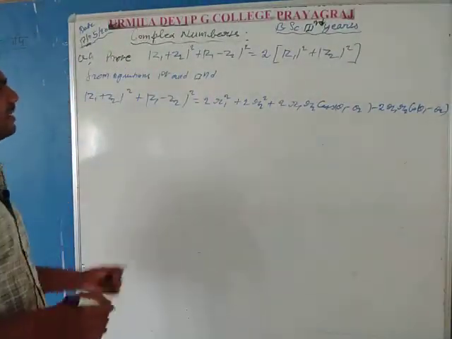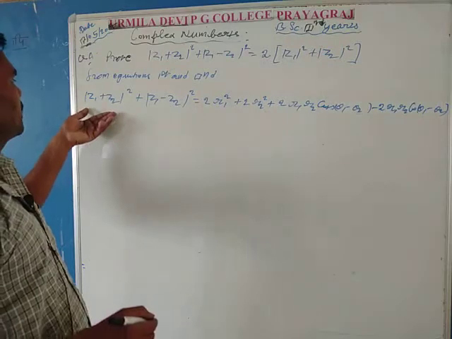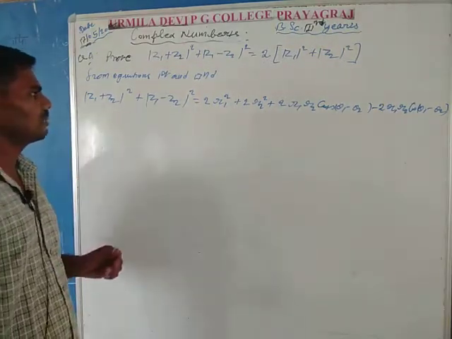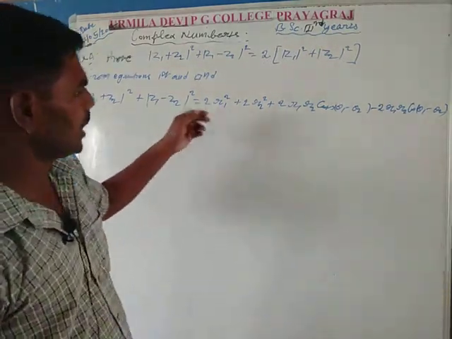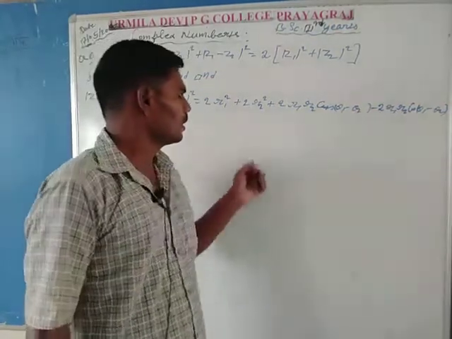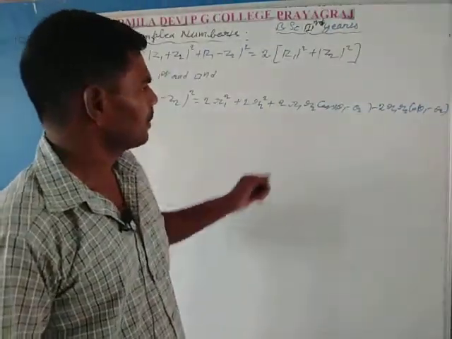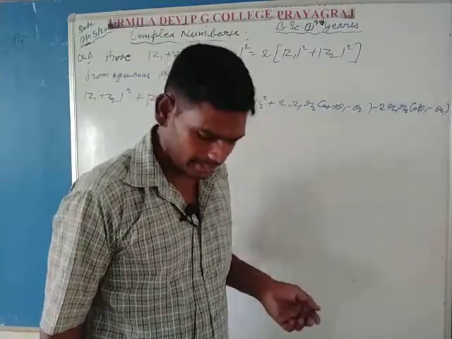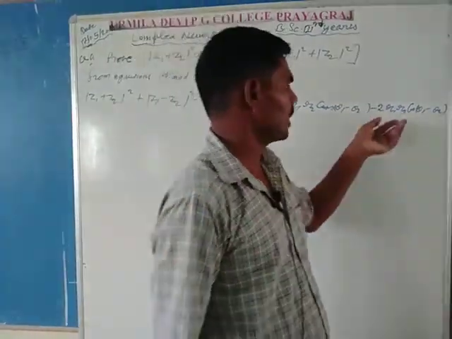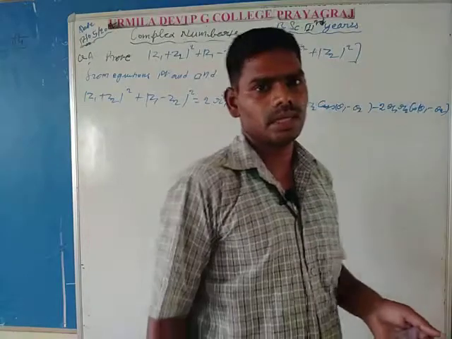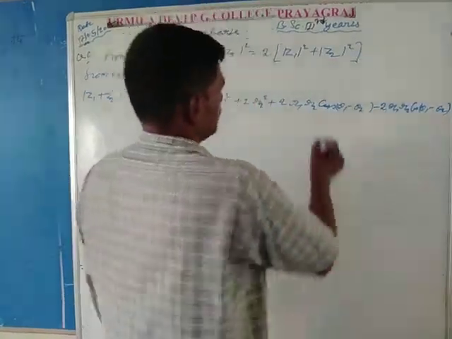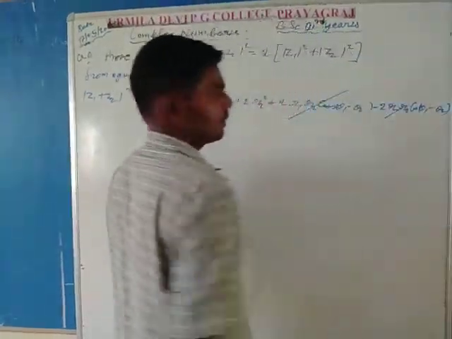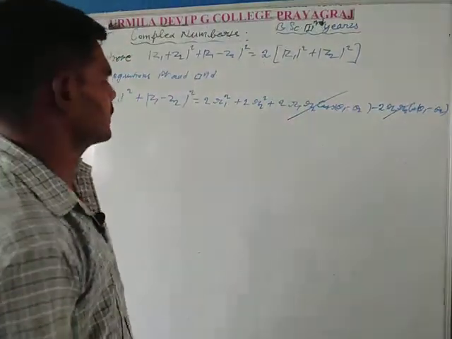The mod of z1 plus z2 whole square plus mod of z1 minus z2 whole square is equal to 2 times r1 square plus 2 times r2 square plus 2 times r1 r2 cos of theta 1 minus theta 2 and minus 2 times r1 r2 cos of theta 1 minus theta 2. Here these are cancelling each other due to positive and negative signs.